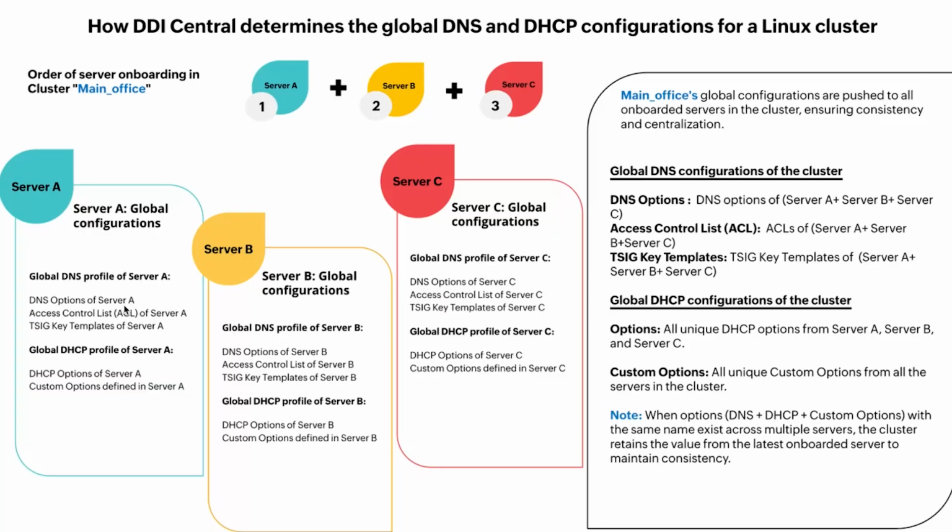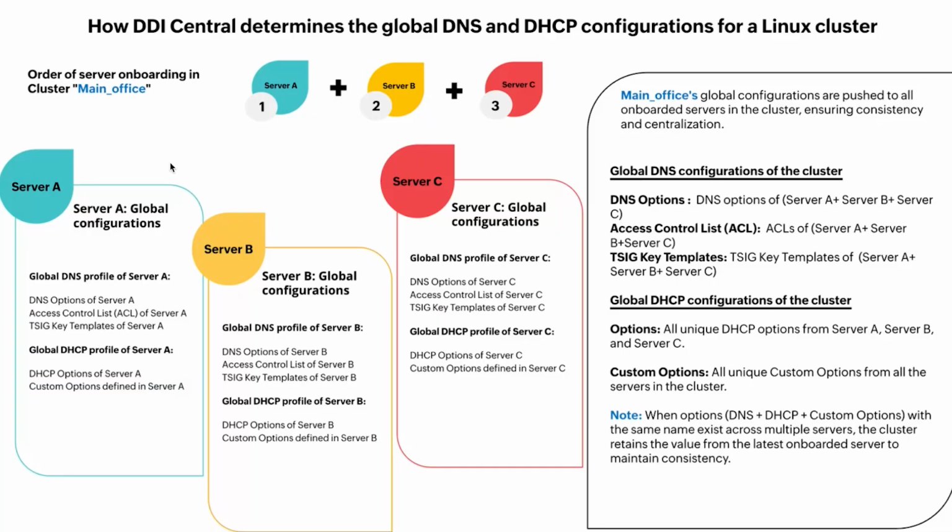So basically what DDI Central does is it aggregates the configurations from these servers, and it gives you a unified visibility. So if there is a list of configurations, a list of values, it'll aggregate the configurations. But if it is a single valued setting or configuration, say for example a certain DHCP option or custom option, in that case, the options that bear single values should be taken from the latest onboarded server.